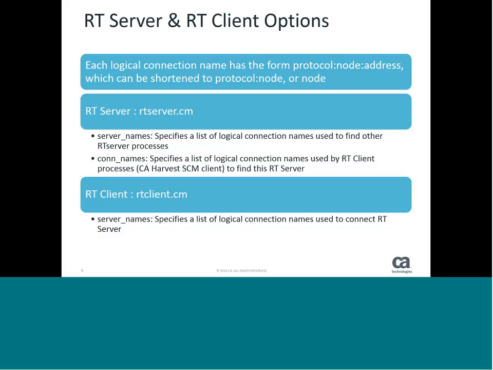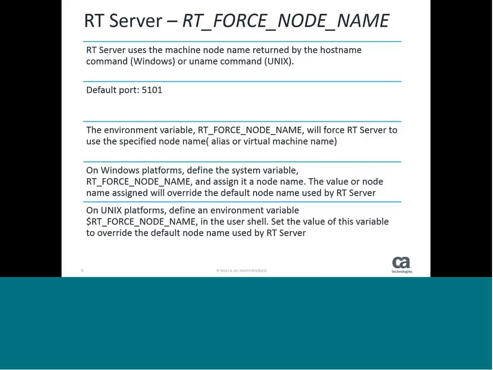In the previous slide, we have seen that by default, RT server will always listen on the node name, the host name of the machine on which it is running. But sometimes there could be a requirement, when we have aliasing or master-slave, or a backup RT server running.